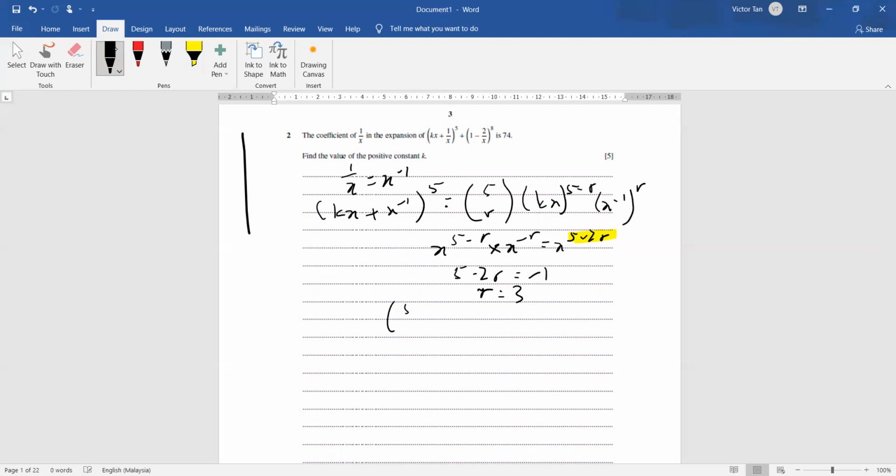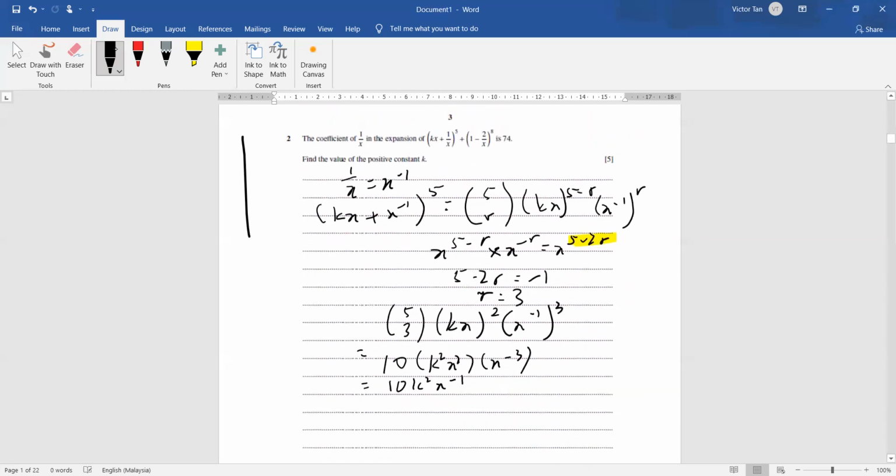So the term is 5C3, kx to the power 5 minus 3 which is 2, x to the power minus 1, to the power 3. 5C3 is 5 times 4 times 3 over 6, which is 10. k squared x squared, x to the power minus 3. So here you get 10k squared x to the power negative 1.